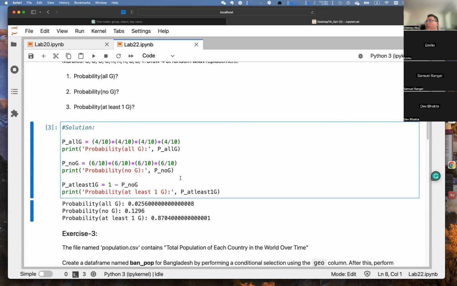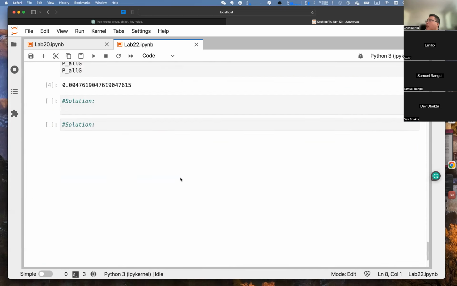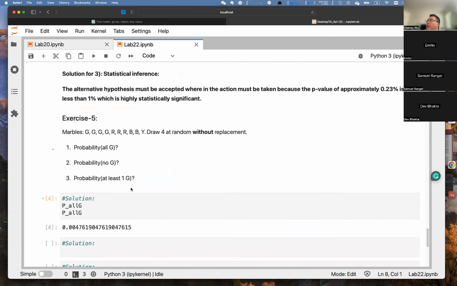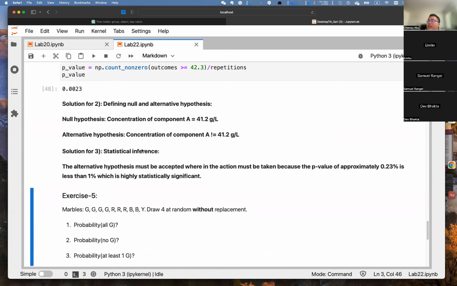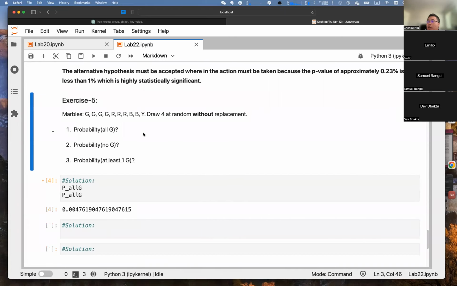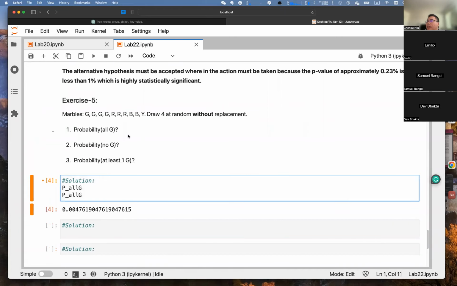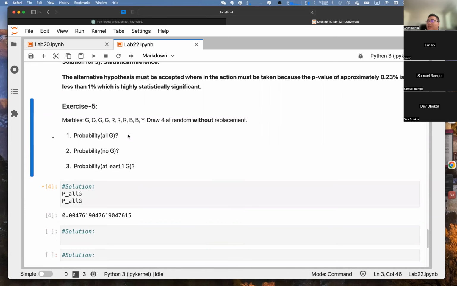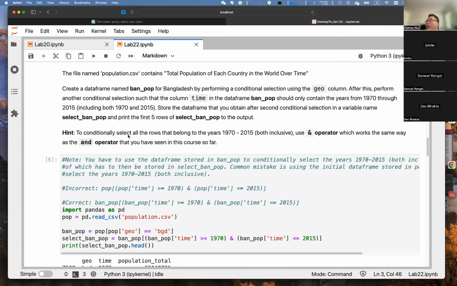Okay, and if you scroll down to the bottom, then you will see we need to finish exercise 5 by yourself. I have already given you the answers to the first exercises, but not for exercise 5, so you need to finish it by yourself. It's related to exercise 2, but with only one difference.